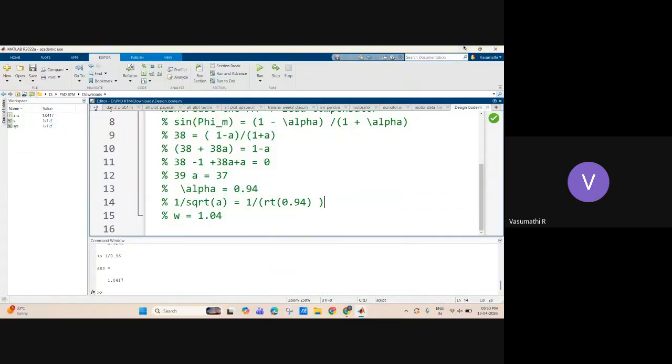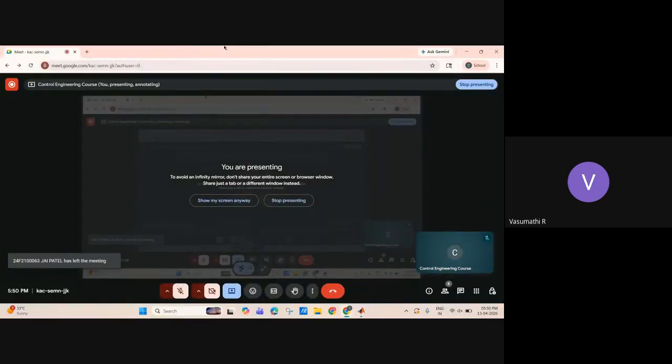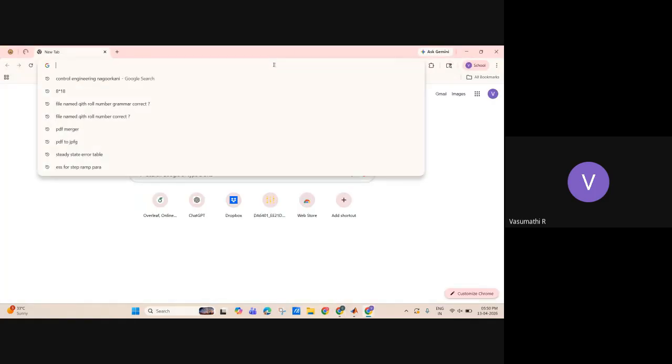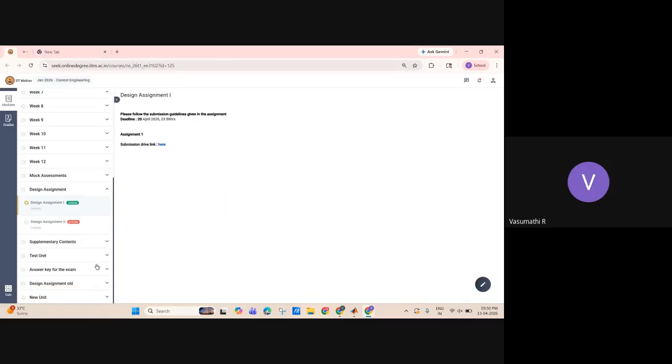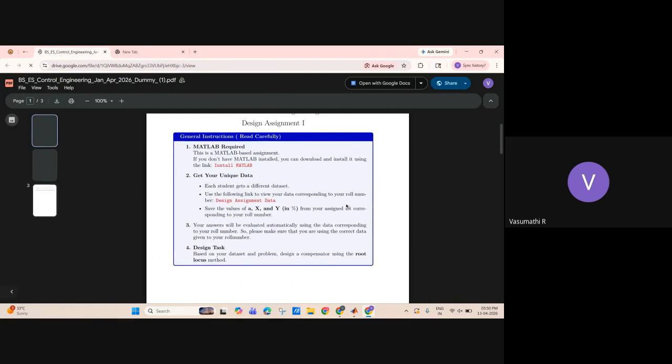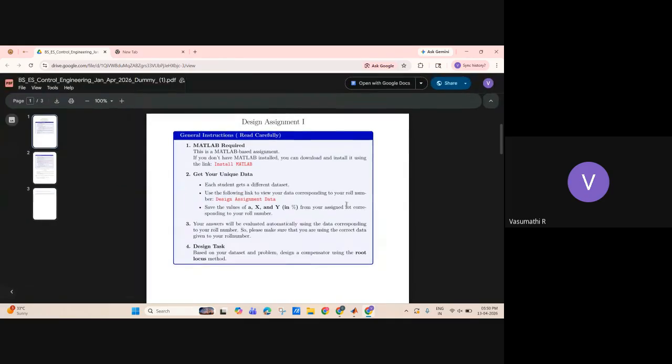Okay. Before that, since we released the design assignment, I want to show you how you can submit your design assignment in the first place, designing using root locus. So here you have this design assignment. If you open this, see, this is your design assignment that has been released.